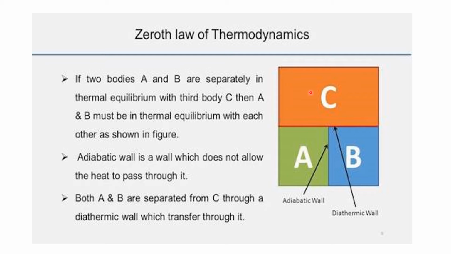When A is in thermal equilibrium with body C, and similarly B is also in thermal equilibrium with body C, then without bringing A and B into contact, we can tell that A is also in thermal equilibrium with body B. Both A and B are separated from C through a diathermic wall. Or we can say that if two bodies are in thermal equilibrium with a third body, then they are also in thermal equilibrium with each other.